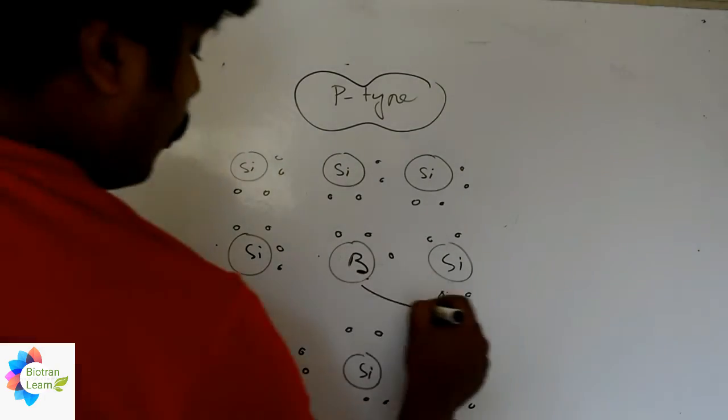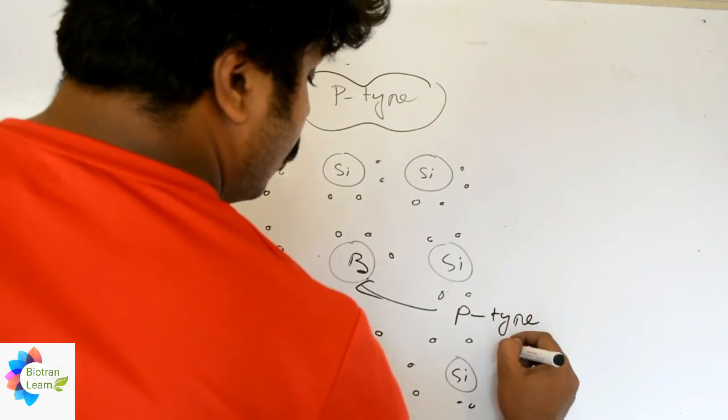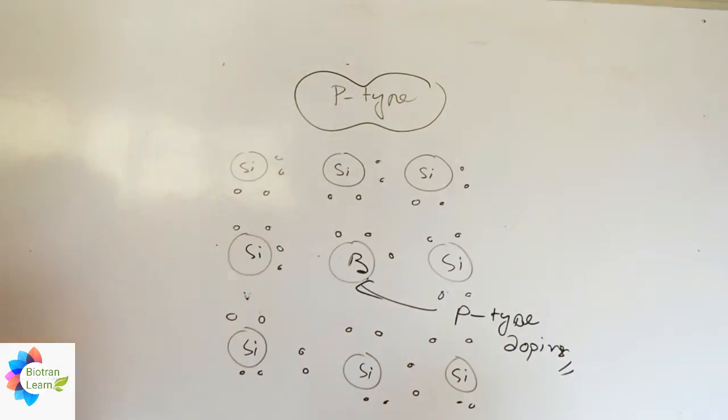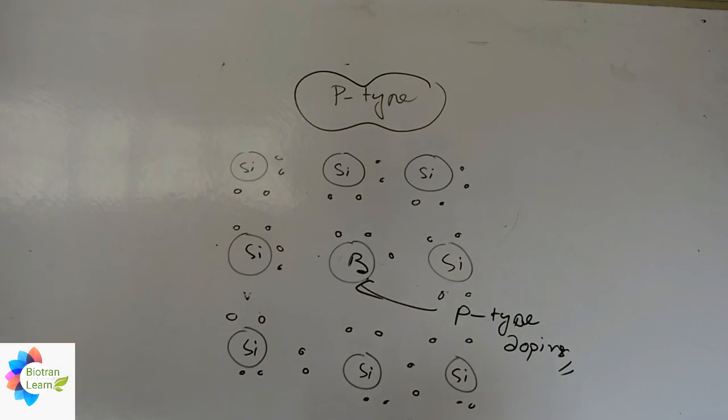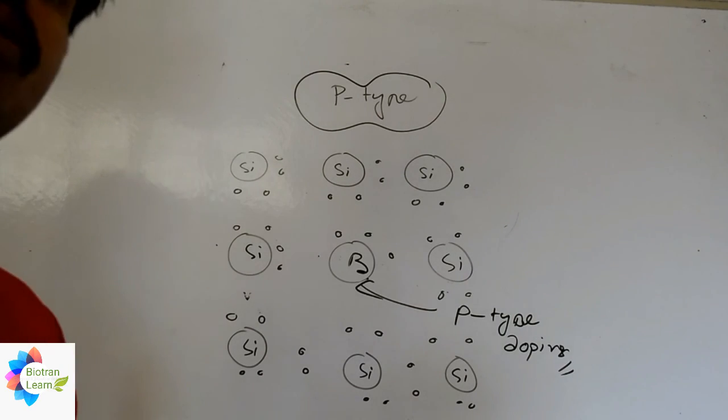So this type of doping will be known as p-type doping. Okay. So this will help us carry electricity from one particular stretch of the atomic solid state structure to the next one.